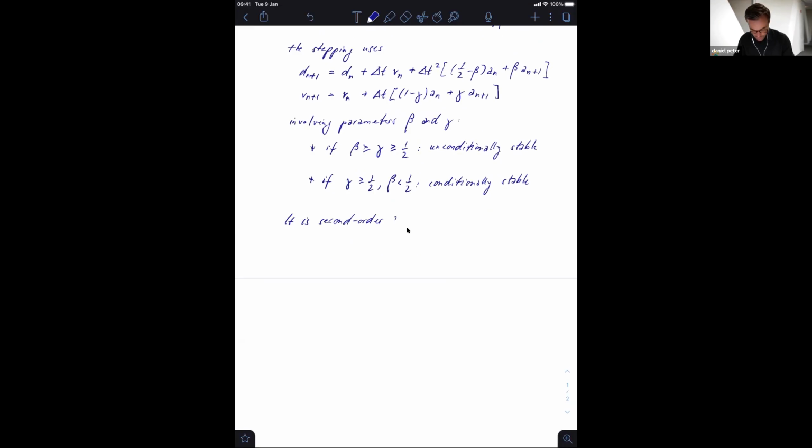But only if we choose gamma to be equal to 1/2.